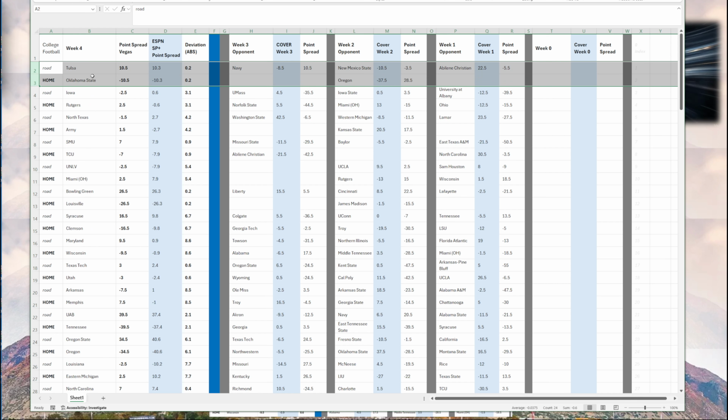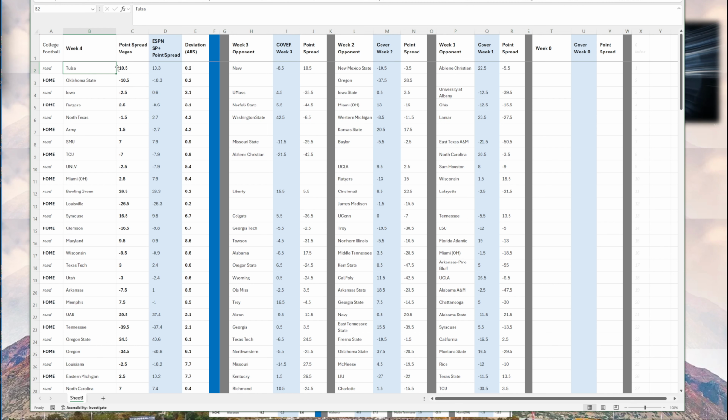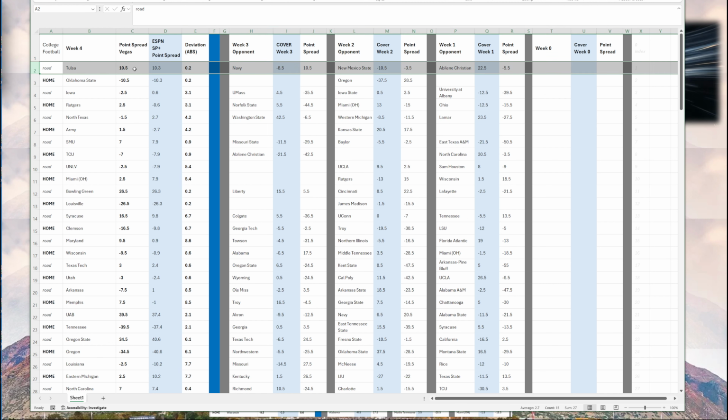So you got the road team and the home team. And so for Tulsa, for example, you have the point spread, the ESPN SP Plus point spread, the deviation. Then for week 3, they played Navy. They underperformed by 8.5. In week 2, they played New Mexico State. They underperformed by minus 10.5. In week 1, they played Abilene Christian. They covered the point spread by 22.5.